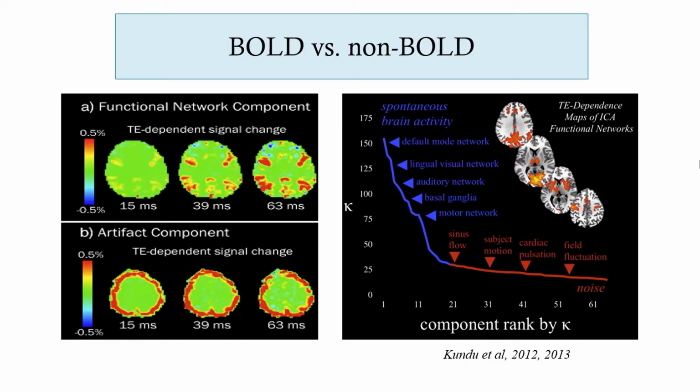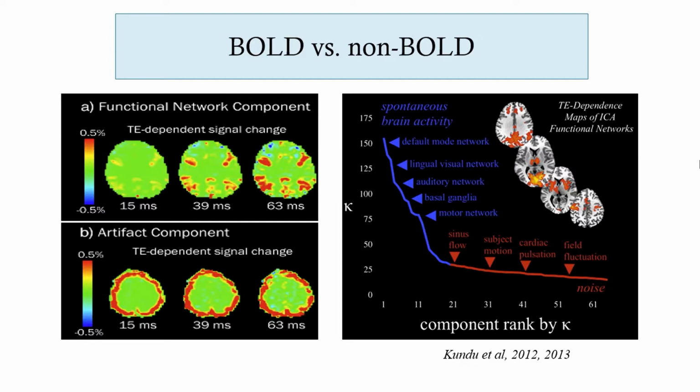This is work by Prantik Kundu from NIH, showing that if you take fMRI signals from multiple echo times, and do multi-echo ICA, and look at individual components to see how the activity patterns depend on the echo time, you see that if the relative signal changes increase linearly with echo time, that seems to suggest this has a BOLD origin. Otherwise, if the signal goes pretty flat as a function of echo time, that suggests it may be a non-BOLD component.